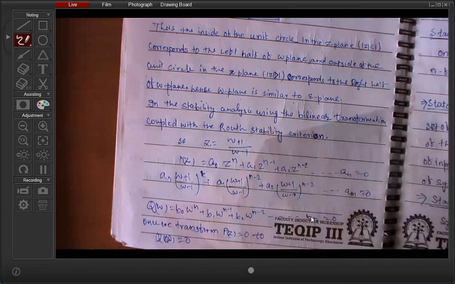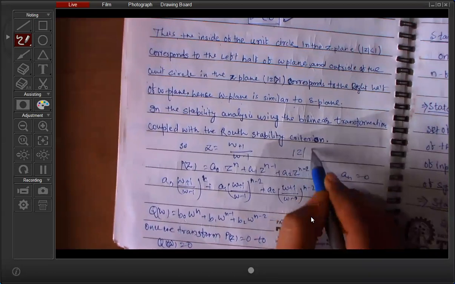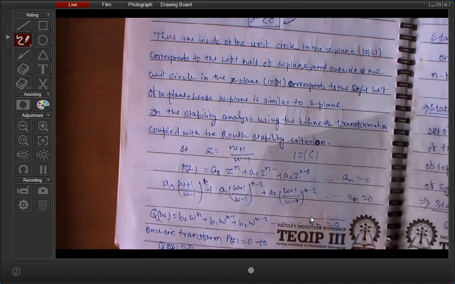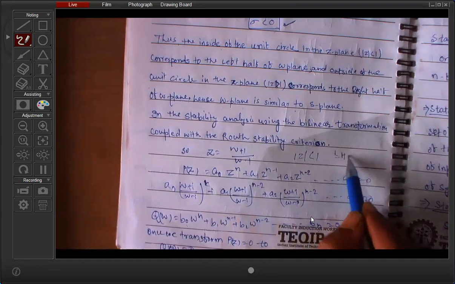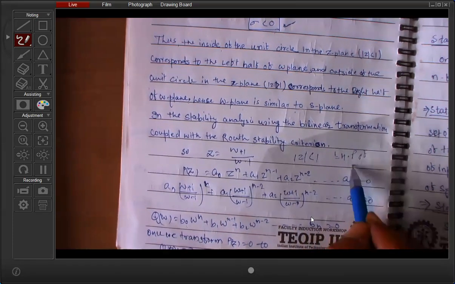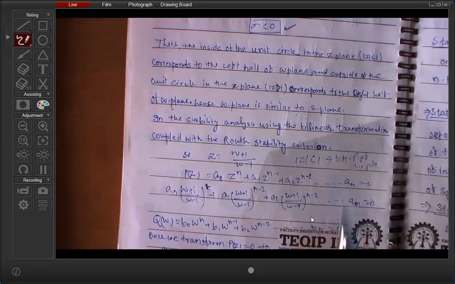So from the previous derivation I told you, |z| less than 1 is indicated by the left hand plane of the w plane. Yes or no?